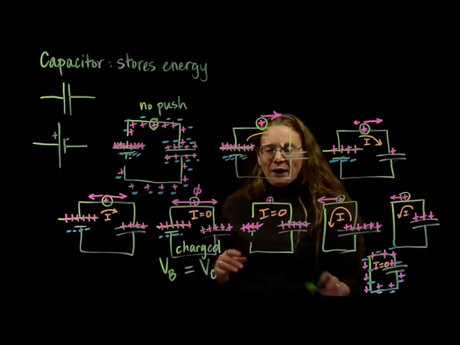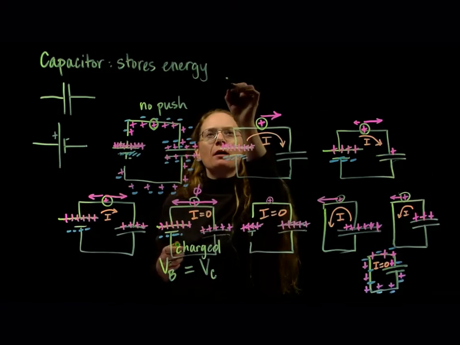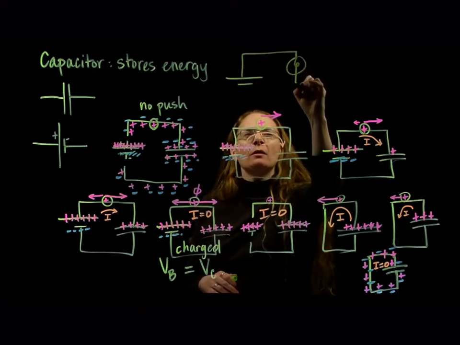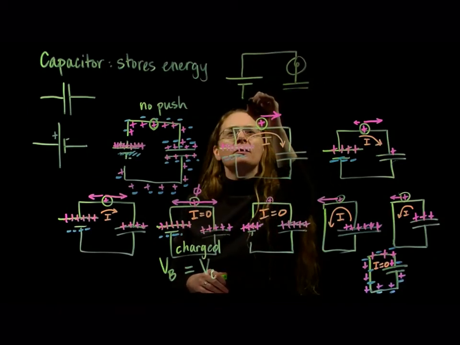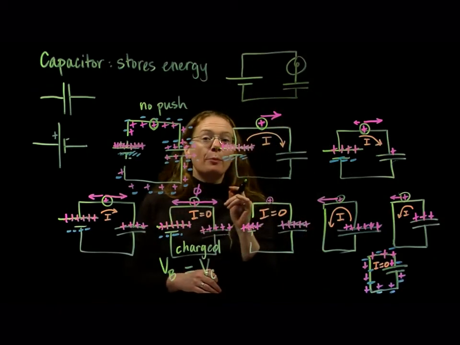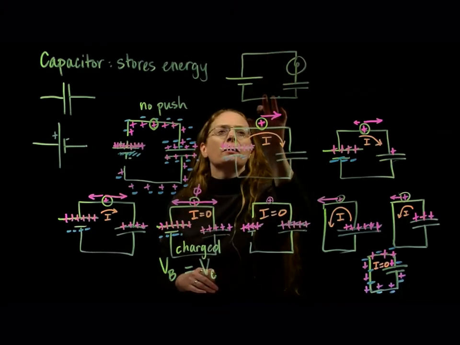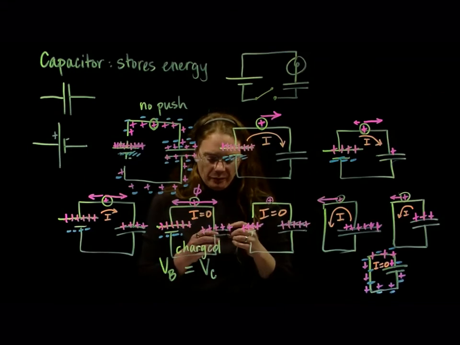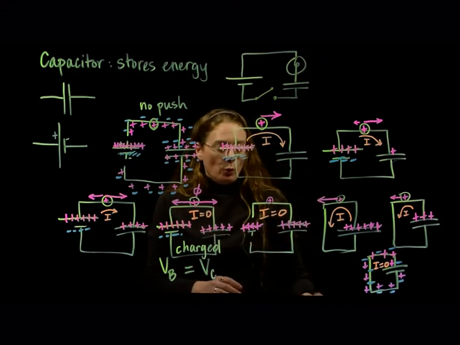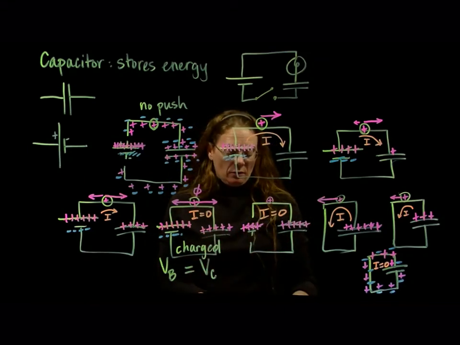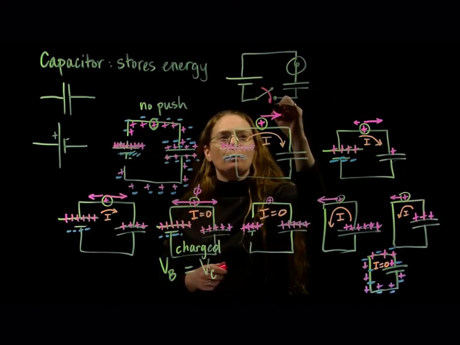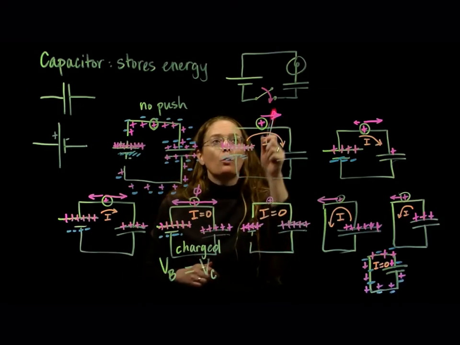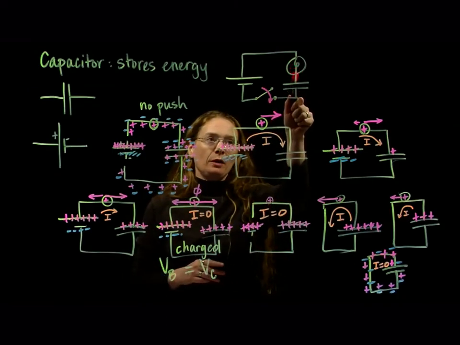So what I'd like you to do is think about what the brightness of a bulb would be if I start with a bulb in the circuit. And let's just say I put a switch here. So there's a switch. When that switch closes, bloop, and the circuit is now complete, predict what the brightness of this bulb is going to be.